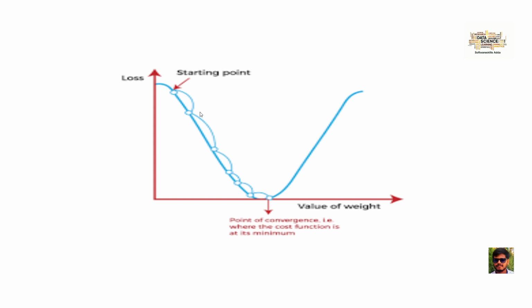When the alpha value is small, it will reach the global minimum, but it takes some time, and that is a disadvantage. Whenever it reaches the global minimum, the error will be minimal. The main aim is to minimize the cost function. In this way we minimize it and find the linear regression.